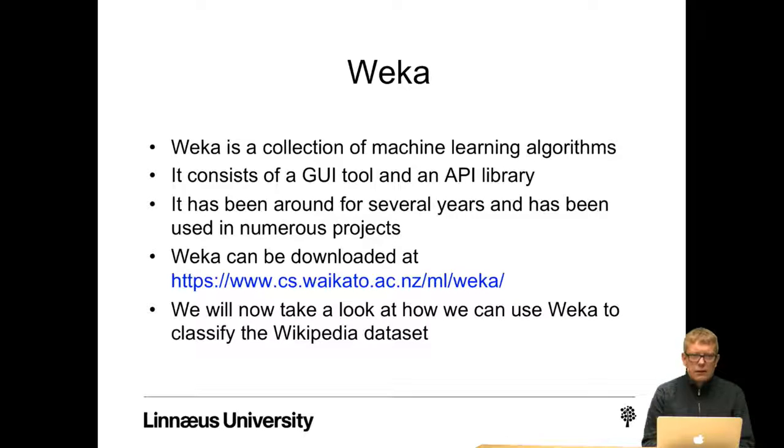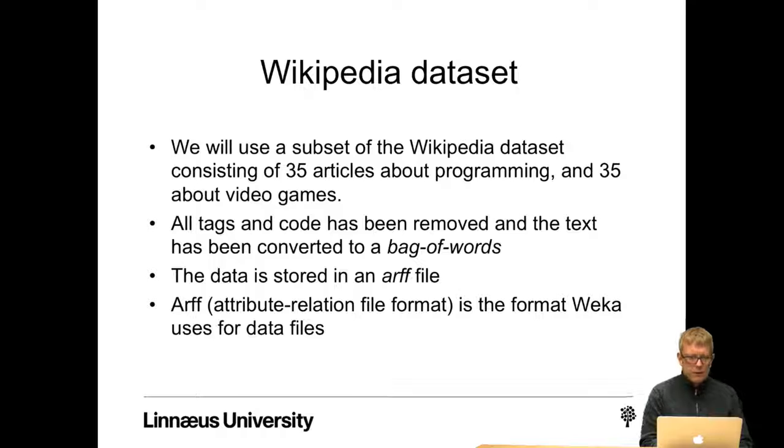And we will now take a look at how we can use Weka to classify the Wikipedia dataset, which is a document classification problem where we have 2 categories. We have games and programming. This subset of a total Wikipedia dataset consists of 35 articles about programming and 35 articles about video games, and that's quite enough for these classification tasks.